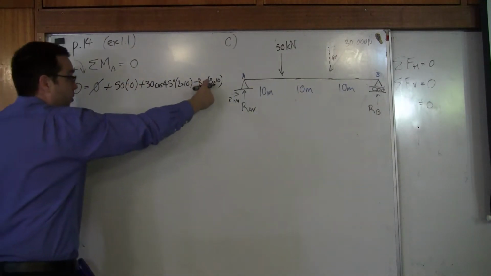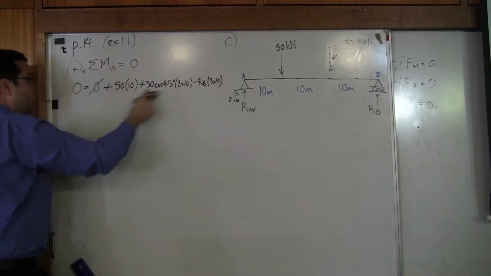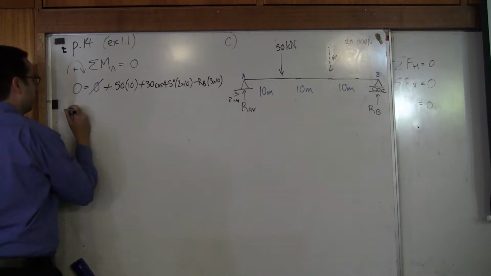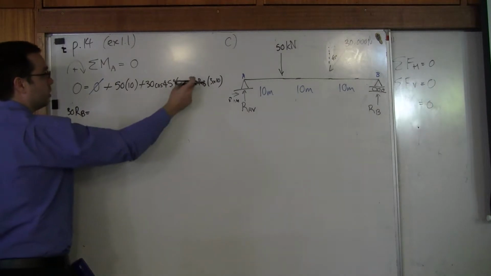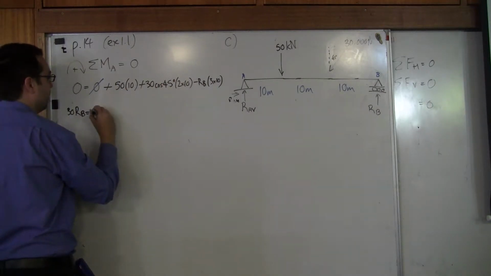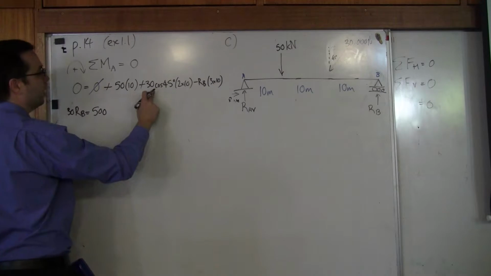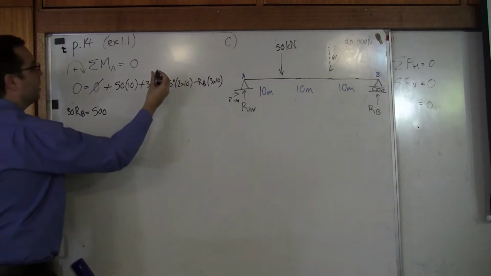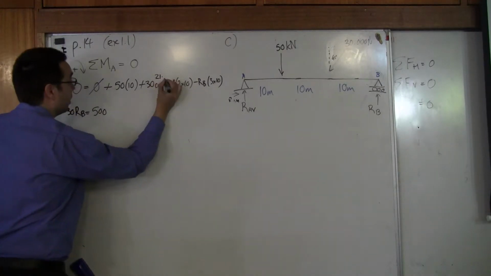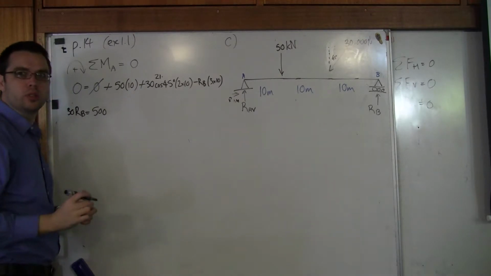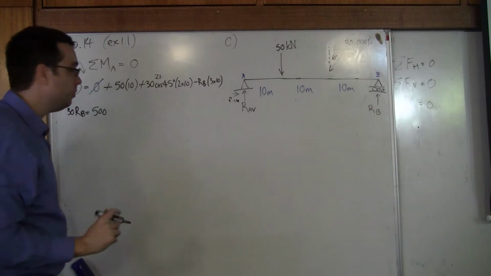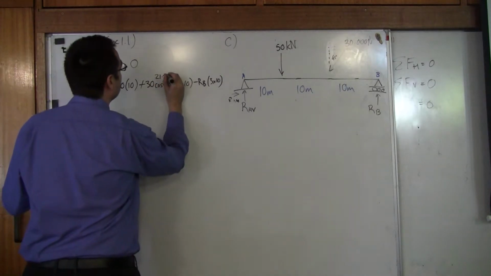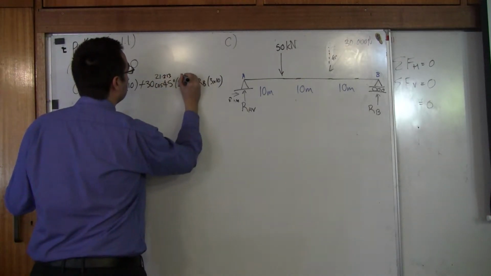Now, I've already said I'm not going to say this again. We're going to bring that over to the other side, swap the sign. So we're going to get 30 RB equals, and so it's lost the minus sign, equals 500. And then 30 sine 45, we've actually figured out as 21 point something. I think it's 21.213, and times 20.